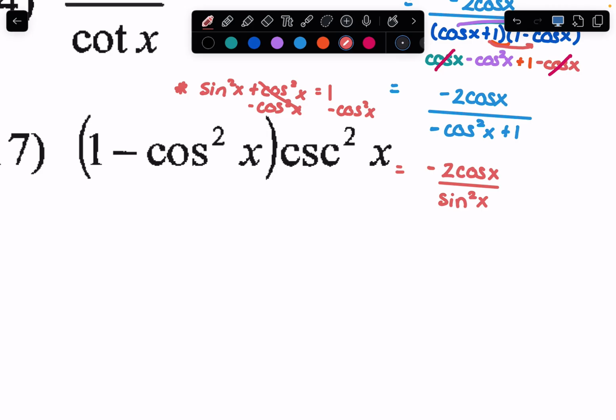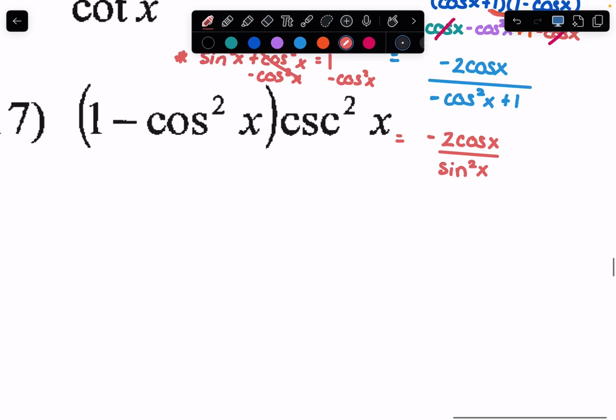Okay? Is that going to be equal to -2 cotangent x, cotangent squared x? Okay, so you're on the right track. It's a little confusing because we have a cosine in the top, right? And then sine squared in the bottom, right? So that's a little confusing.